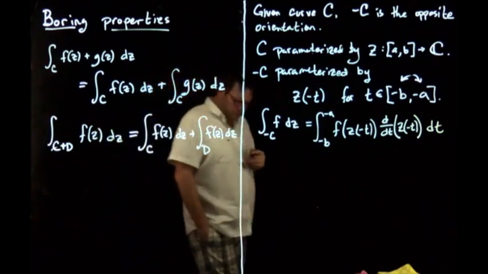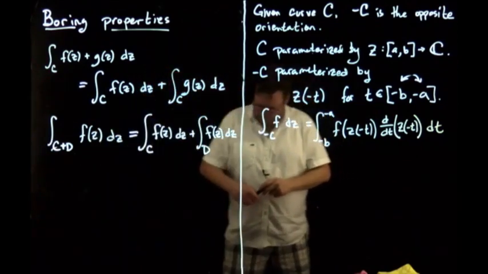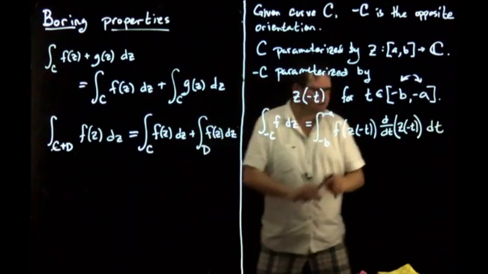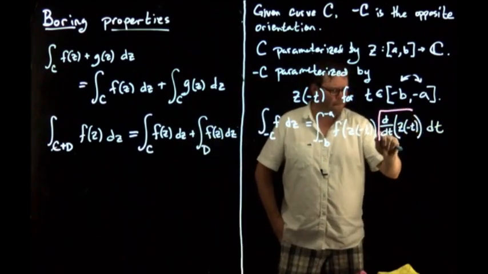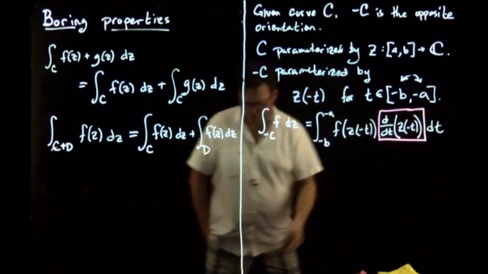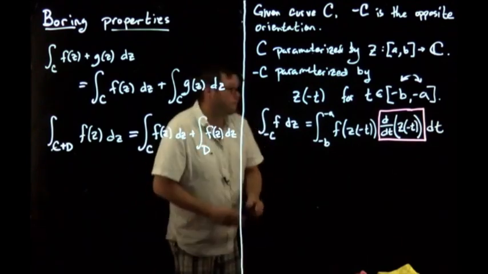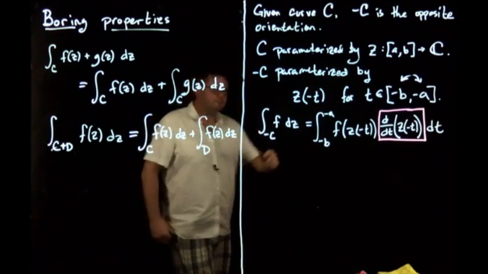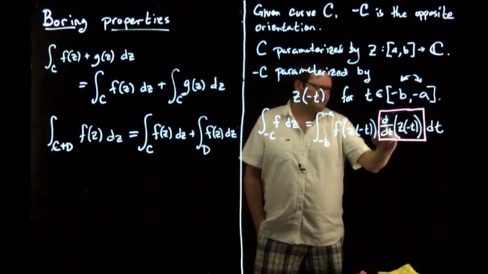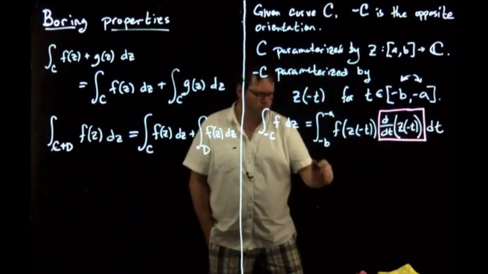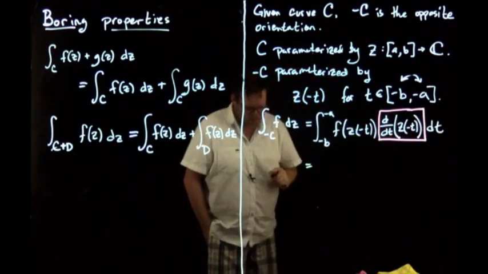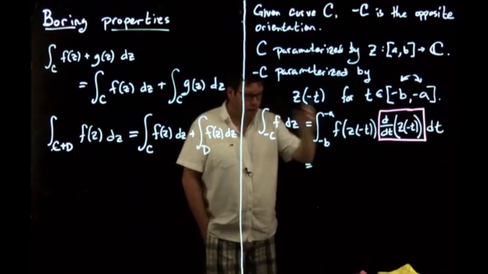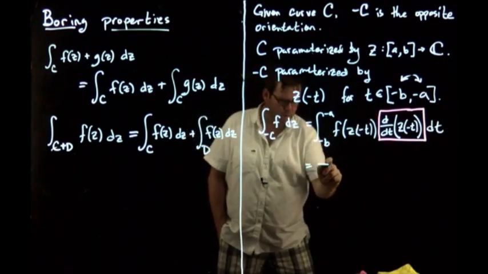In the next step, we'll take the derivative. And how do we take that derivative? Well, this is just the chain rule. We have a minus t inside the function z, so a minus is going to come out. Let me bring that minus all the way to the front of the integral. It'll go right there.